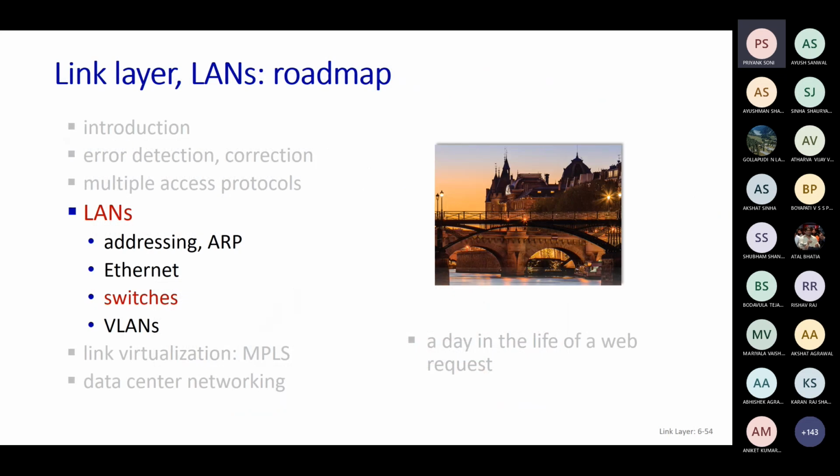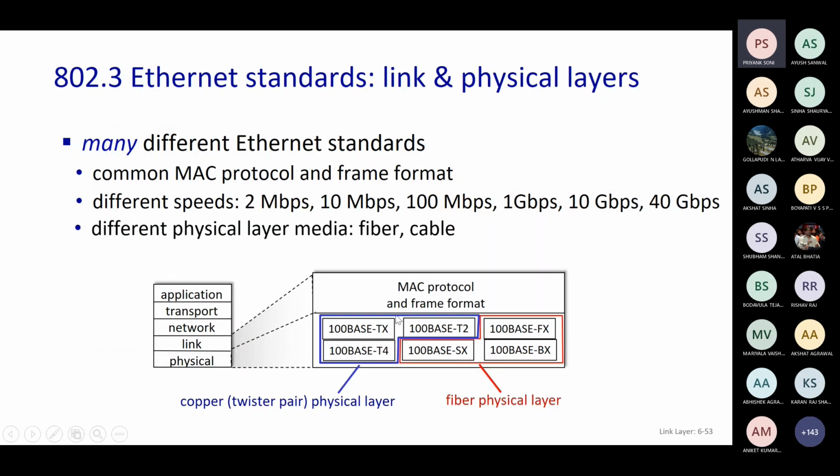If you are using these three, then your data rate is going to be towards the lower range, up to 100 Mbps. And if you're using optical fiber, then the data rate that you are going to get is of course towards the higher side.